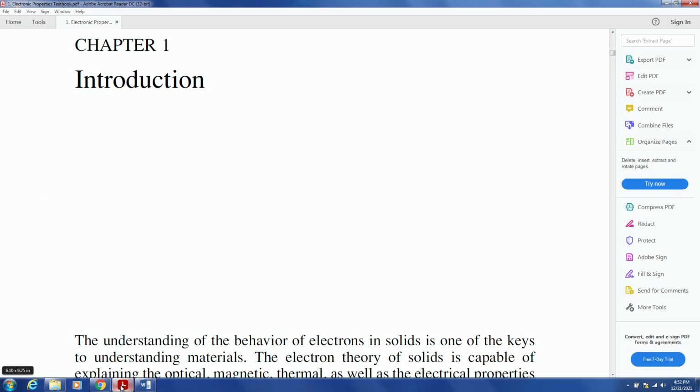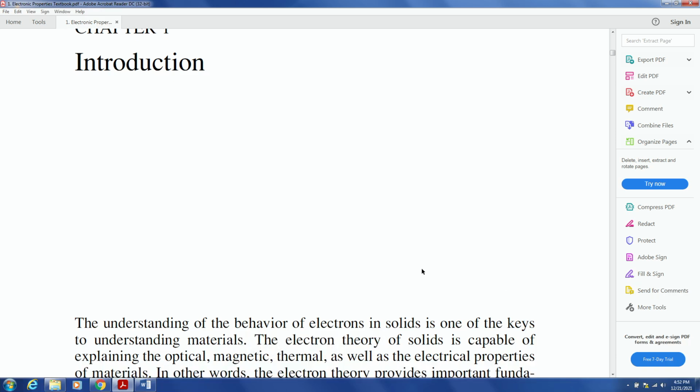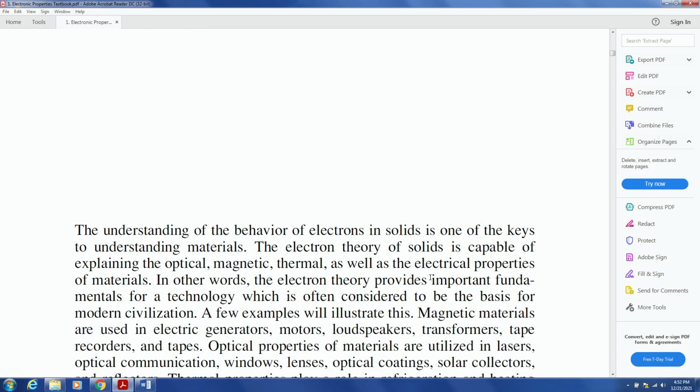So this is chapter 1 in the book that this is accompanying, which is Electronic Properties of Materials by Rolf Hummel, edition 4. Chapter 1 is very short and basically says what I just said in a little more detail.